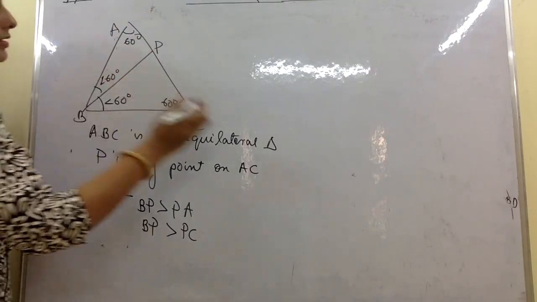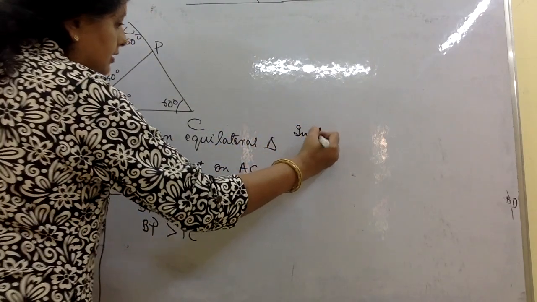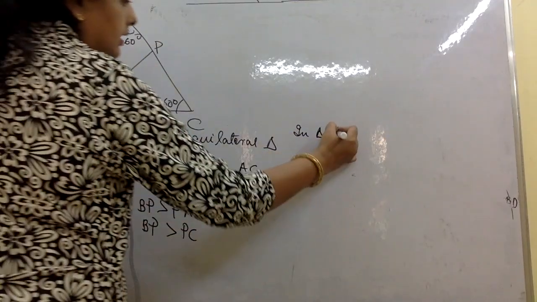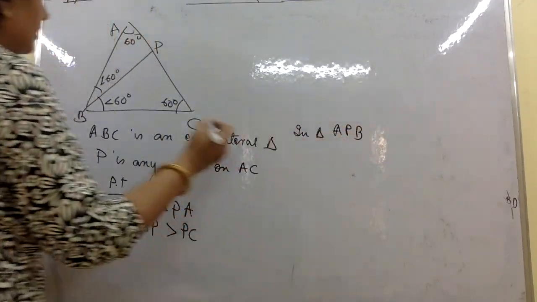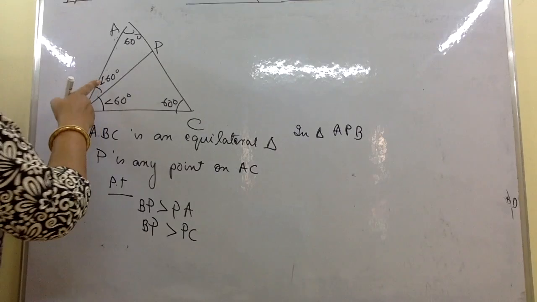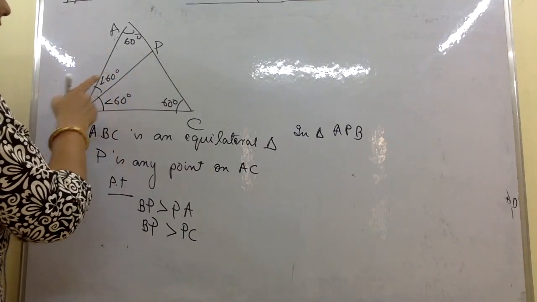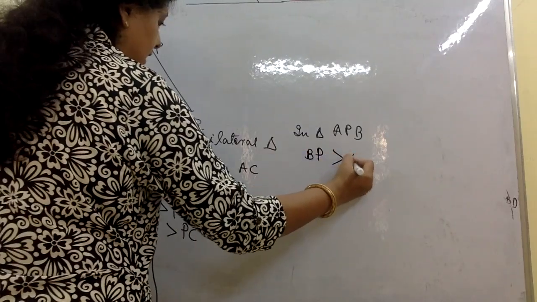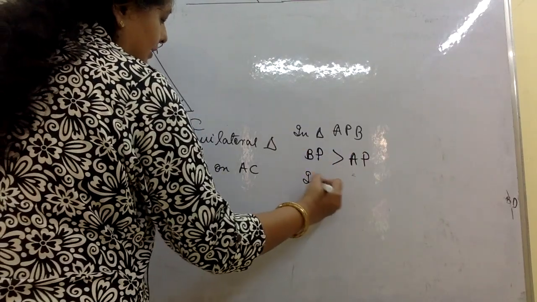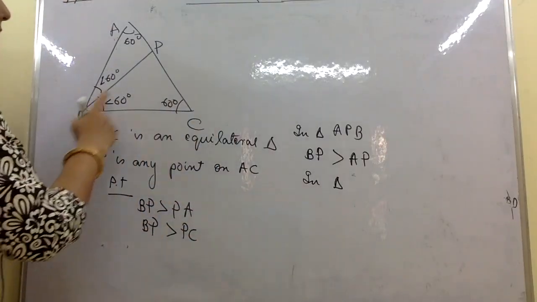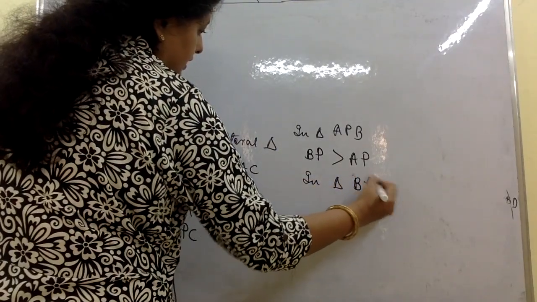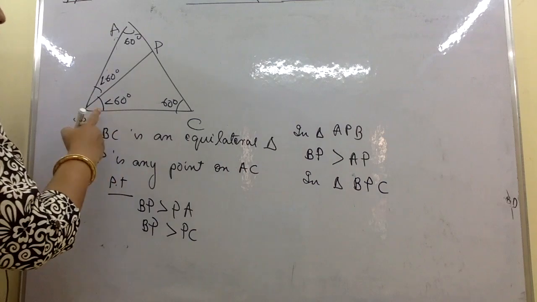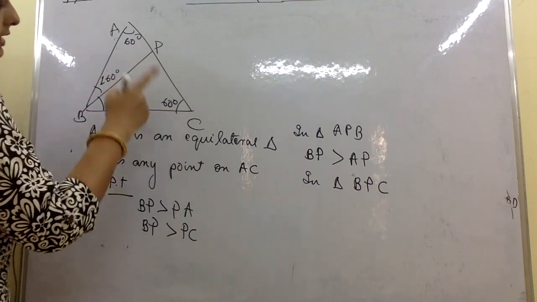Now we have to involve BP and AP in the question. So in triangle APB, opposite AP is less than 60 and opposite BP is 60. So BP is greater than AP. In triangle BPC, opposite BP is 60, opposite PC is less than 60.